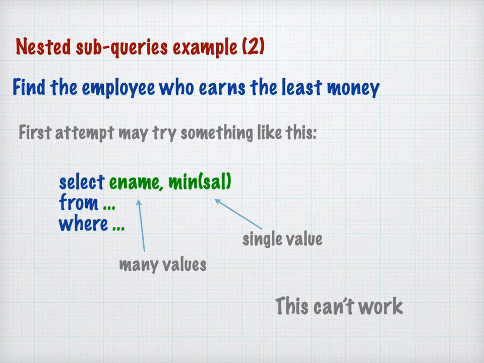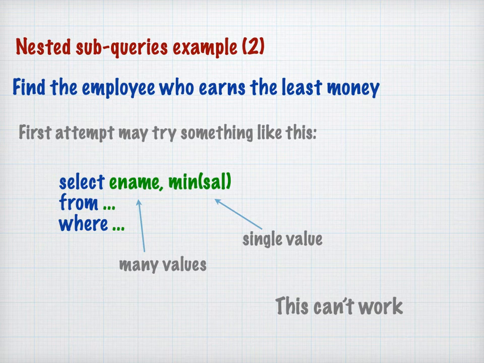So there's a disjoint here between ename, which could have many values, and min sal, which is one value. So there's that notion of an attribute and an aggregate function. An attribute's going to return many values, and a function is going to return a single value. There's a mismatch. It can't work. So look for those.